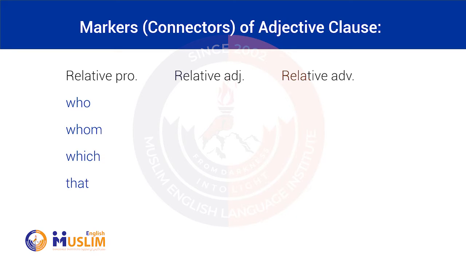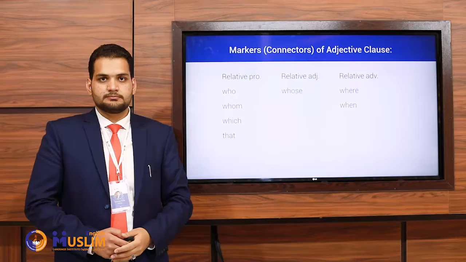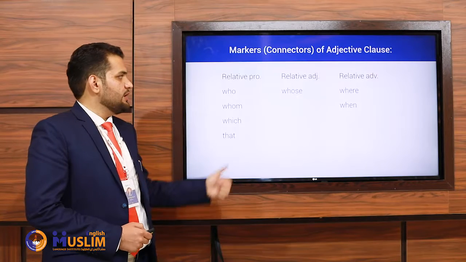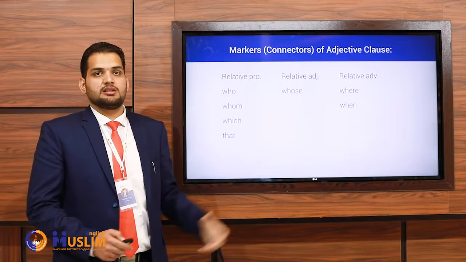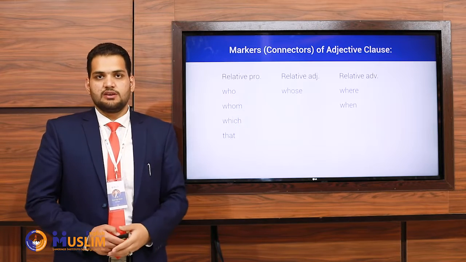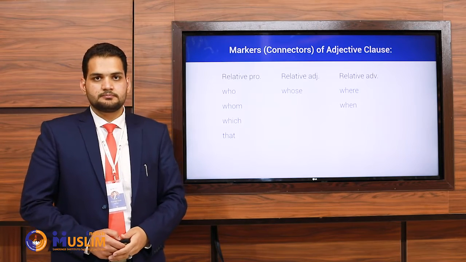We've got 4 relative pronouns: who, whom, which, and that. 1 relative adjective, whose, and 2 relative adverbs, where and when. In total, we have 7 markers or introducers of adjective clause.